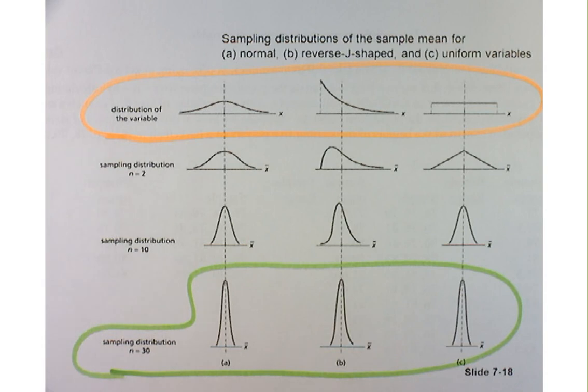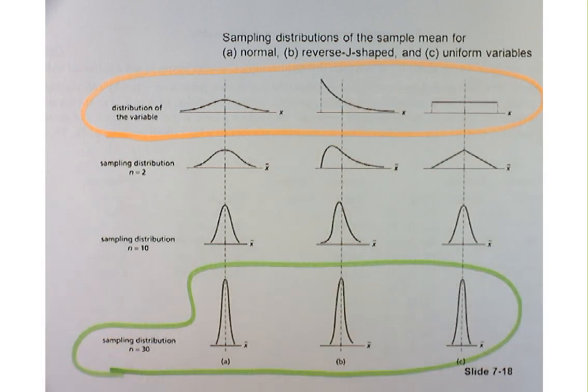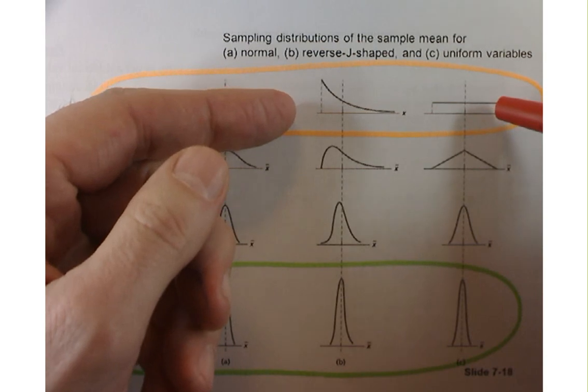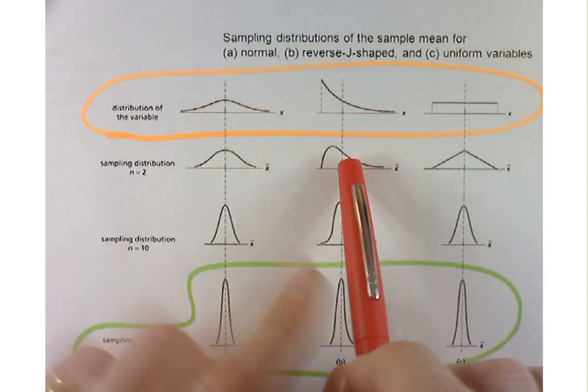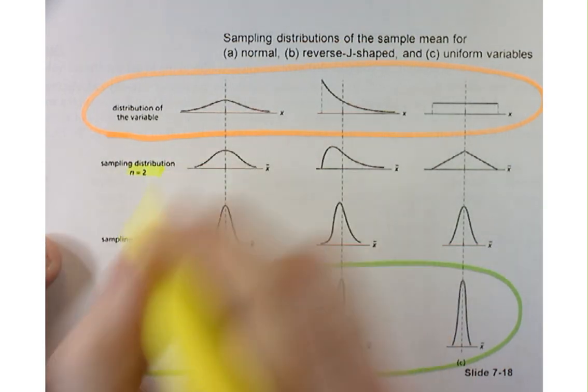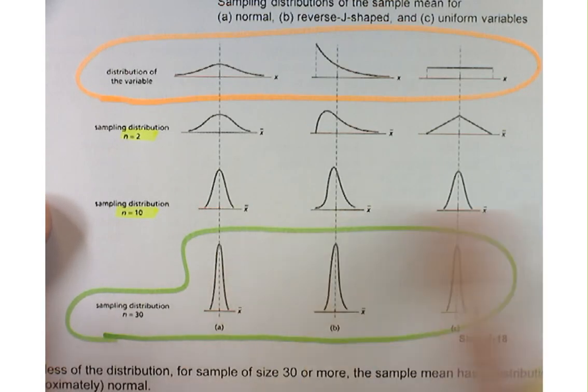So all of these are normal distributions. But these two are clearly not normal distributions. If you started out with something here, then this isn't a normal distribution, nor is this. That's for samples of size 2. But when you get up to samples of size 10, that's looking more normal, and so is that.